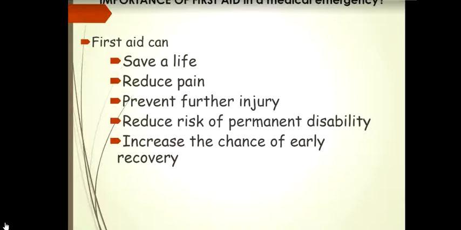For example, if you get to the scene of a medical emergency, your quick response will ensure that a person with a simple fracture does not get complications that might even result in an amputation in a worst case scenario. So preventing further injury, very important. It also reduces the risk of permanent disability.